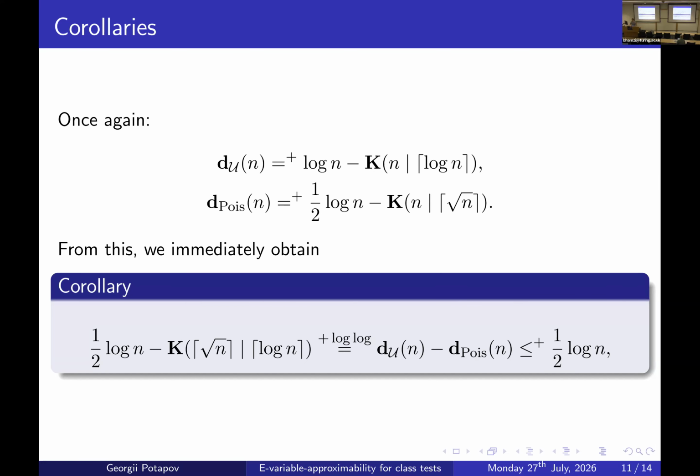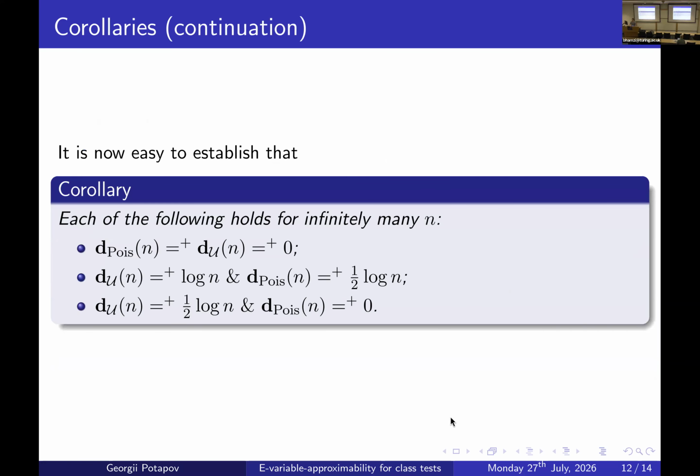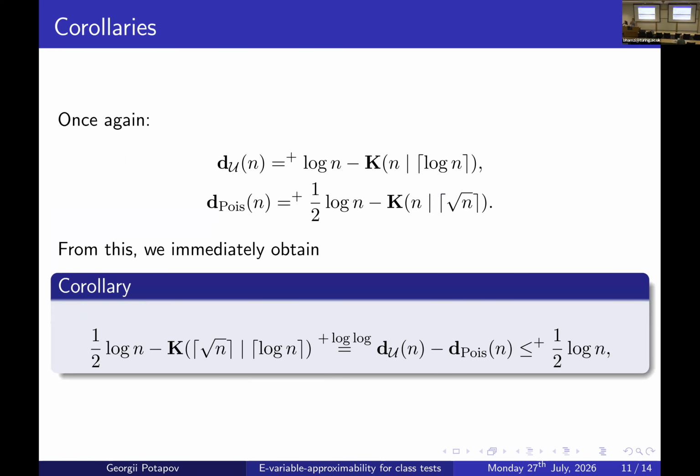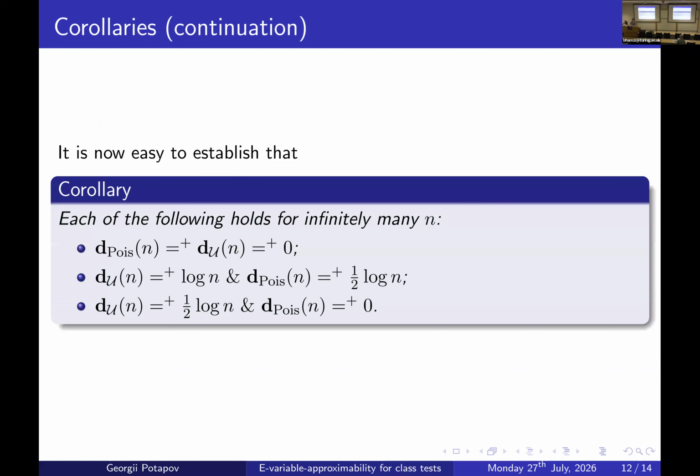With these additional bounds in mind, it's again not really difficult to see that for infinitely many n we will have infinitely many cases of each of the following: where both these values are 0, where they are both maximal, or where one is minimal. The Poisson deficiency should always be less than that for the uniform distribution, so when the Poisson deficiency is 0, the uniform deficiency is the maximum possible.